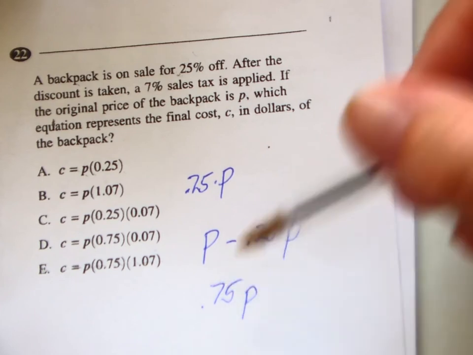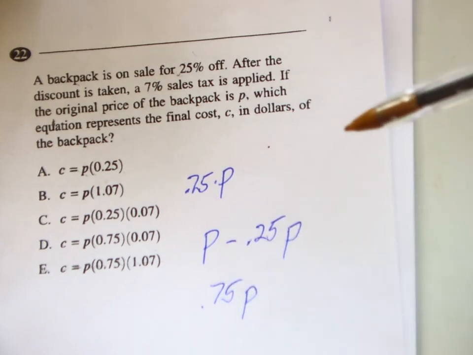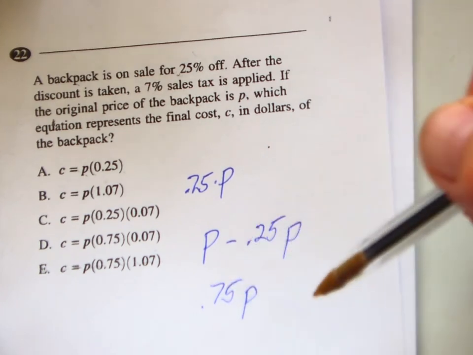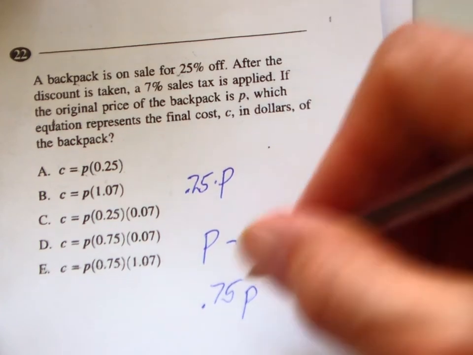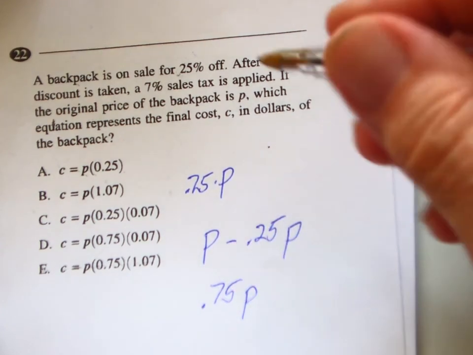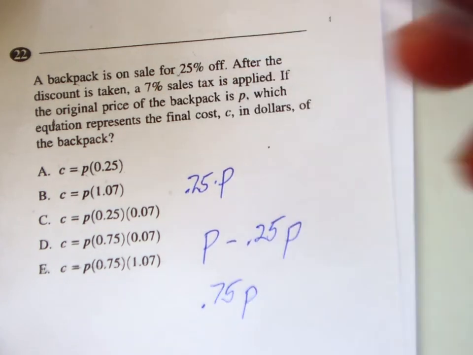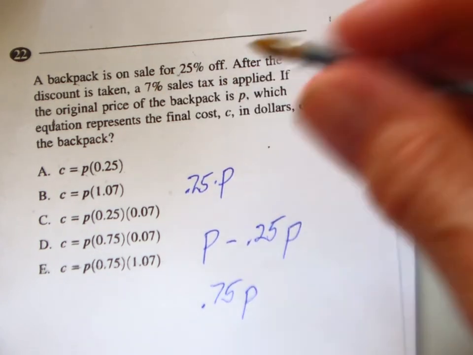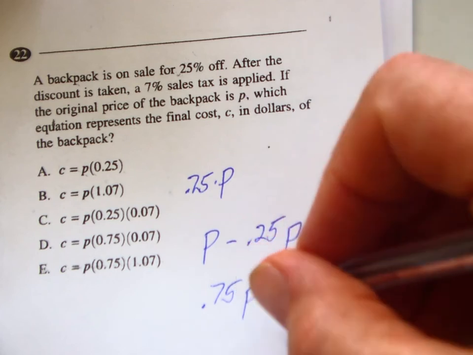So we start with 75% of the price because they took 25% off. We're paying 75%. Okay, that's our price. But we have to pay sales tax. What's sales tax? 7%. So we can't do 7% times.